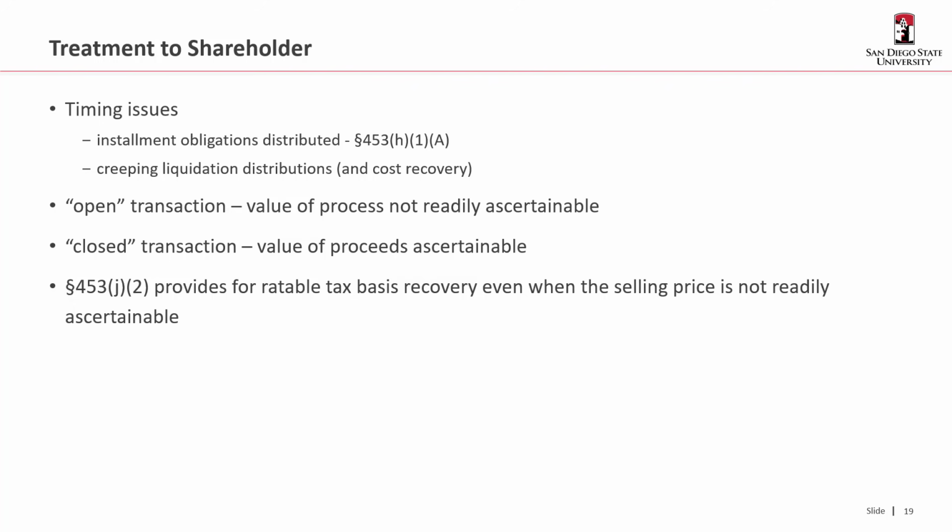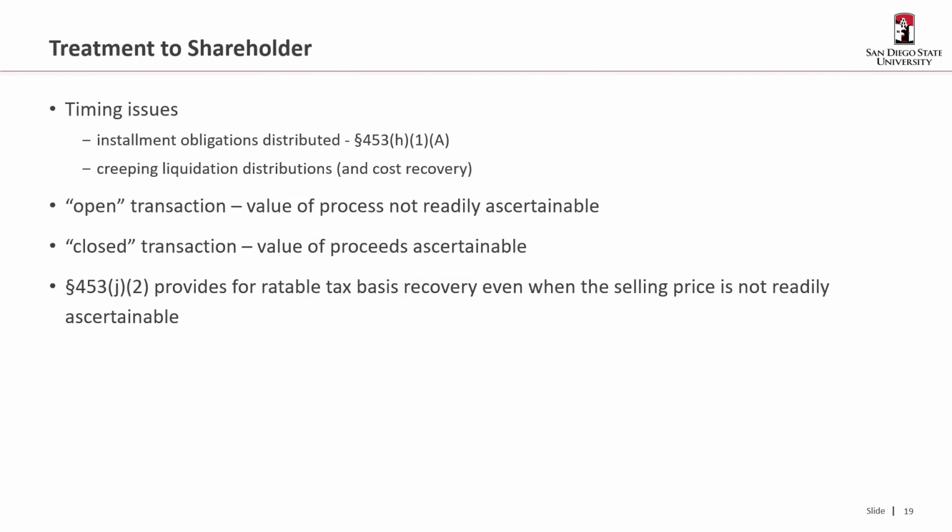So 453(j)(2) says ratable tax basis recovery even when the selling price is not readily ascertainable. What we're talking about is the timing of the recovery of basis. Obviously we're getting sale treatment. If the proceeds are coming in step by step, in some respects you'd always prefer to recover basis first before you recognize any gain.